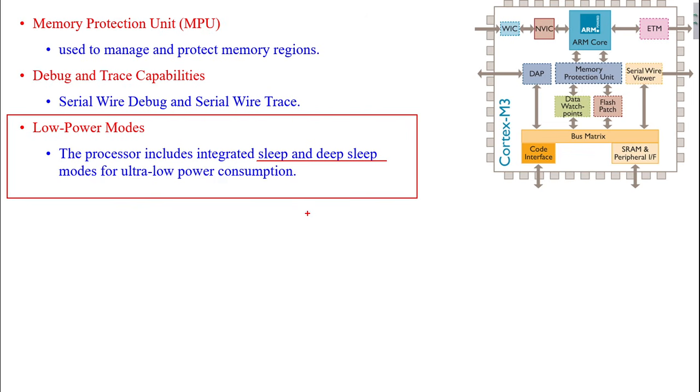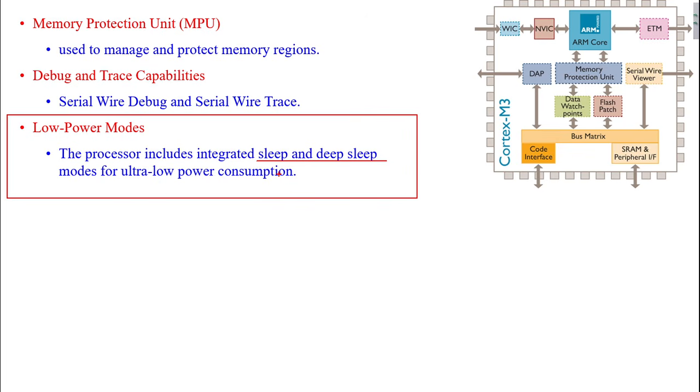That means whenever there is no instruction or program to execute, the processor will enter into sleep mode and deep sleep mode, which saves a lot of power for embedded system applications wherever energy is very crucial. So this is one of the big advantages, low power mode.